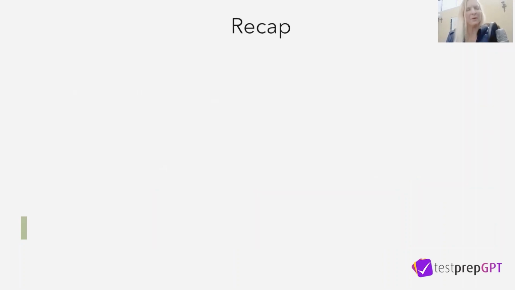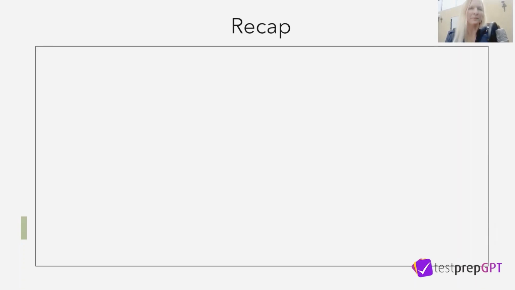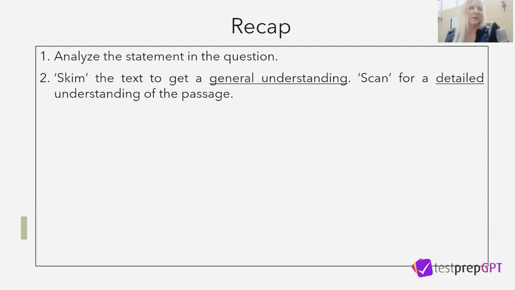Let's recap on the main points of identifying information for academic reading IELTS Task 1. Analyze the statement in the question. What does it mean? Skim the text. Go back to the text to get a general understanding and to capture the keywords and synonyms.